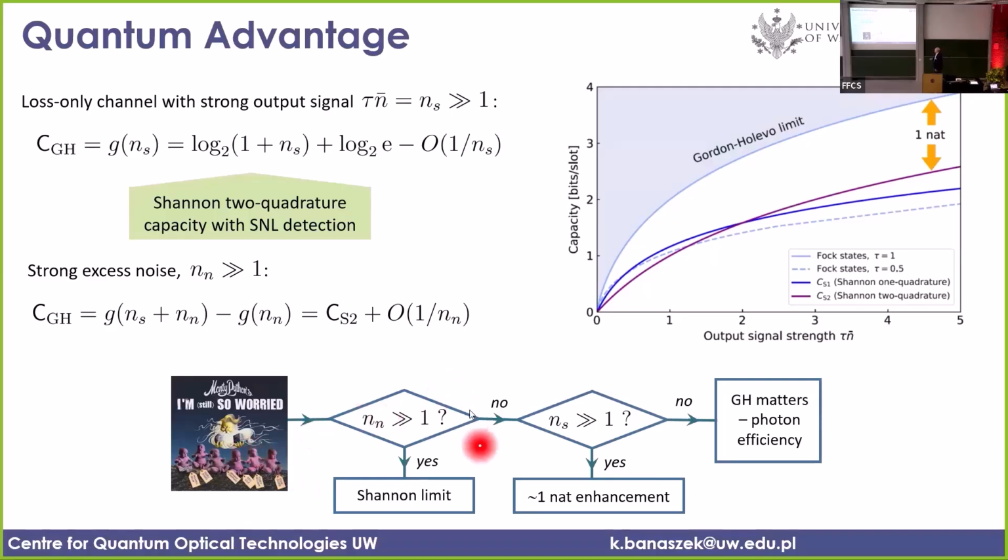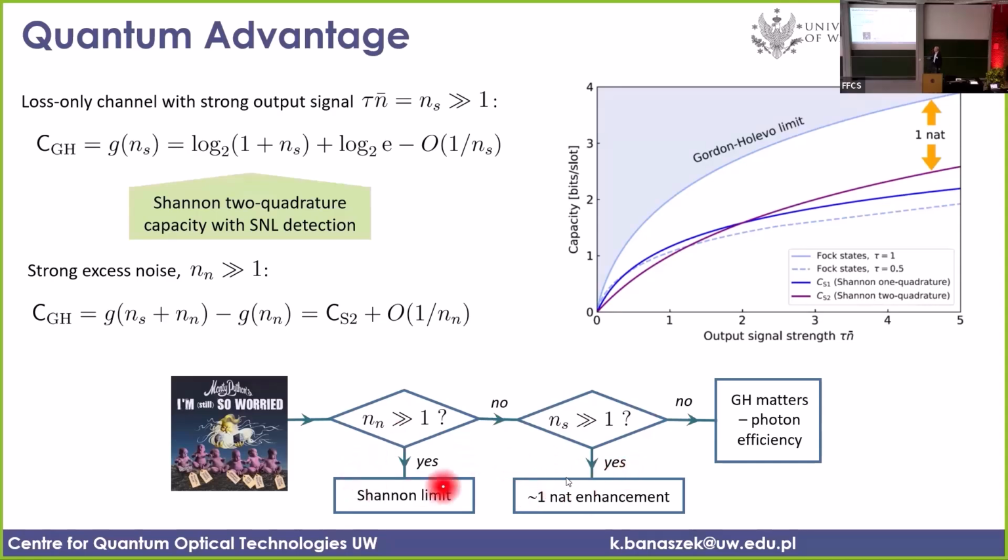It makes sense to look more closely if we have very, very little excess noise in our channel. Then the second question to be asked is whether our optical signal is strong, in the sense of the mean photon number per slot.